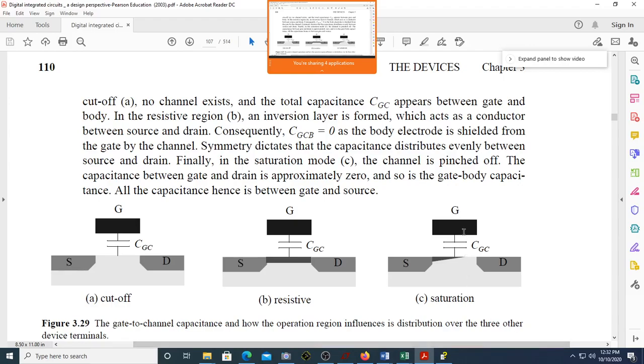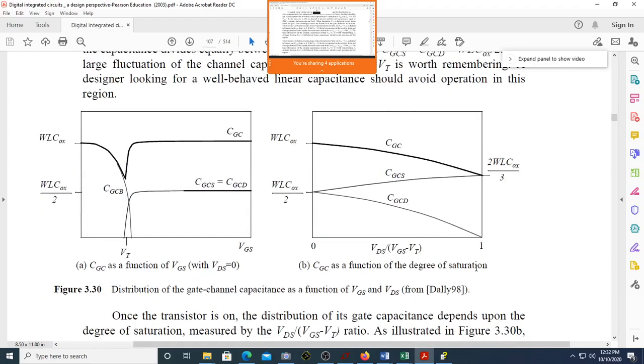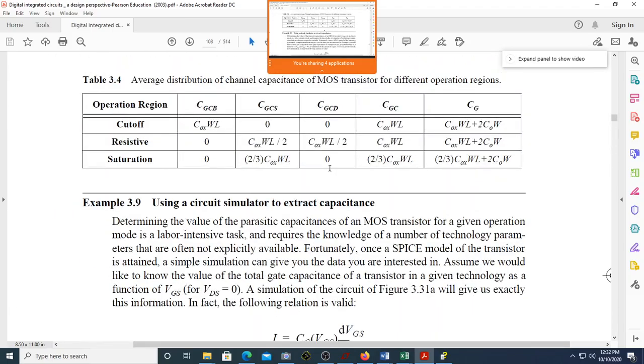Carefully look at the saturation region: between gate and drain, you don't have a channel. Correct? Because when it has reached the saturation region, it is pinched off. When it is pinched off, you don't have a channel there. So since you don't have a channel, the gate to channel capacitance towards the drain side is not there. So that's why it is 0. Can you see it is 0 here?